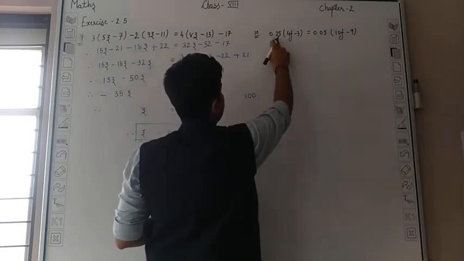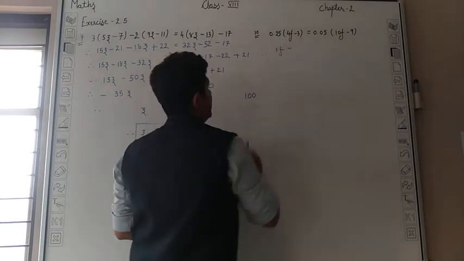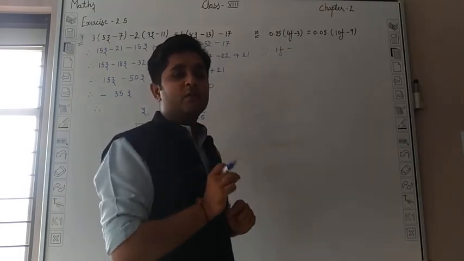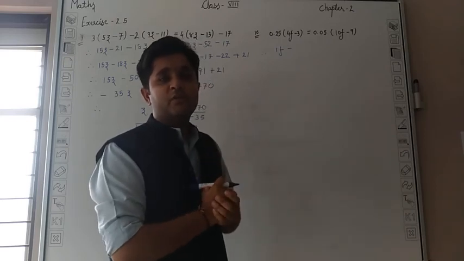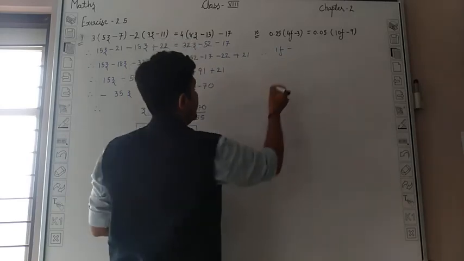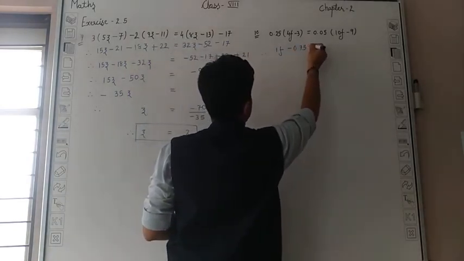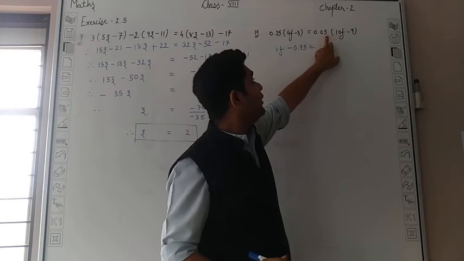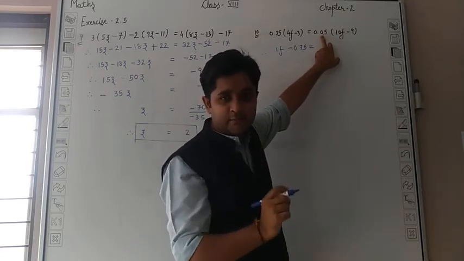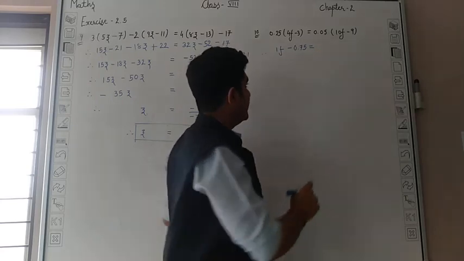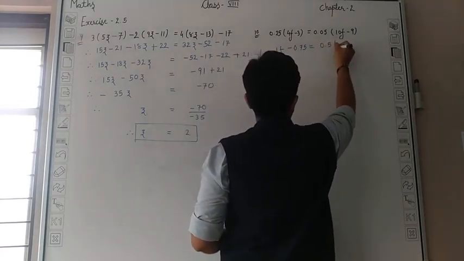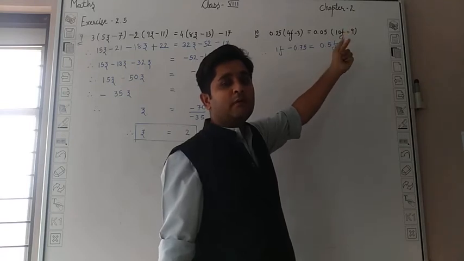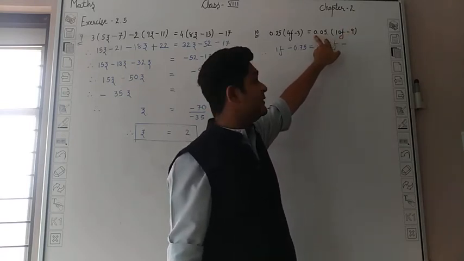Okay, so 1f, multiply this 4, so 1f minus, 25 threes are 75, and after 2 digits we have to put the decimal, so it's 0.75. 0.75 is equal to, now simply 10 fives are 50, so 0.5f minus 5 nines, 9 fives are 45.